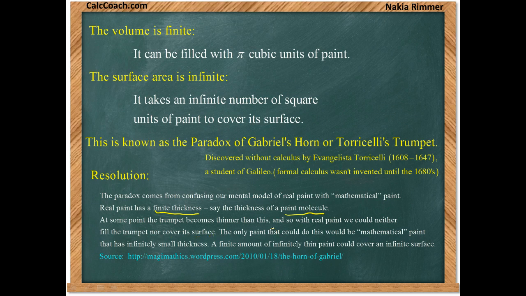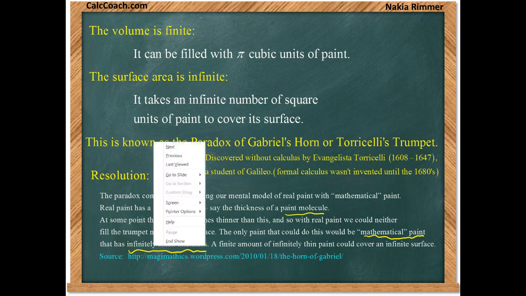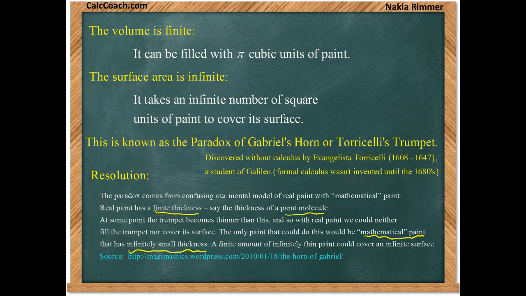And so what happens here is that this notion of actual paint would be more for some paint that has some infinitely small thickness, which isn't actually possible. But if there was such a thing, then we could fill it with a finite amount and we can actually paint it.